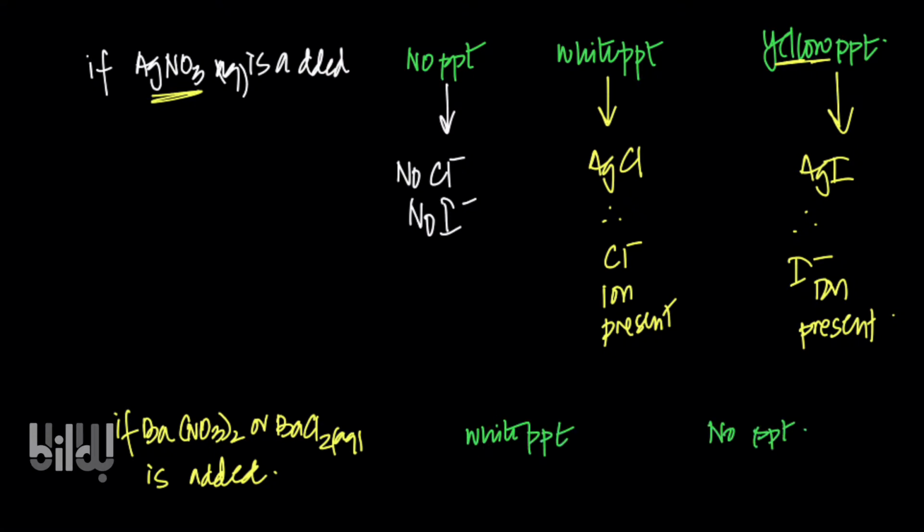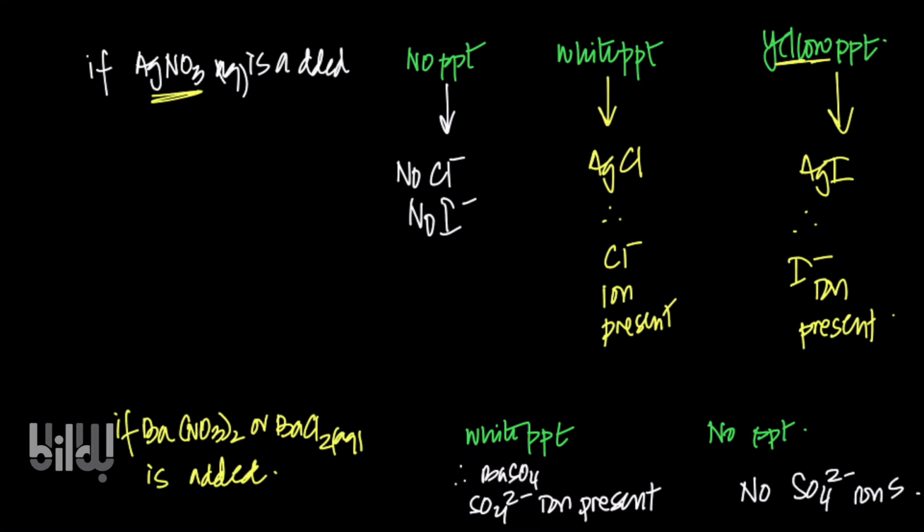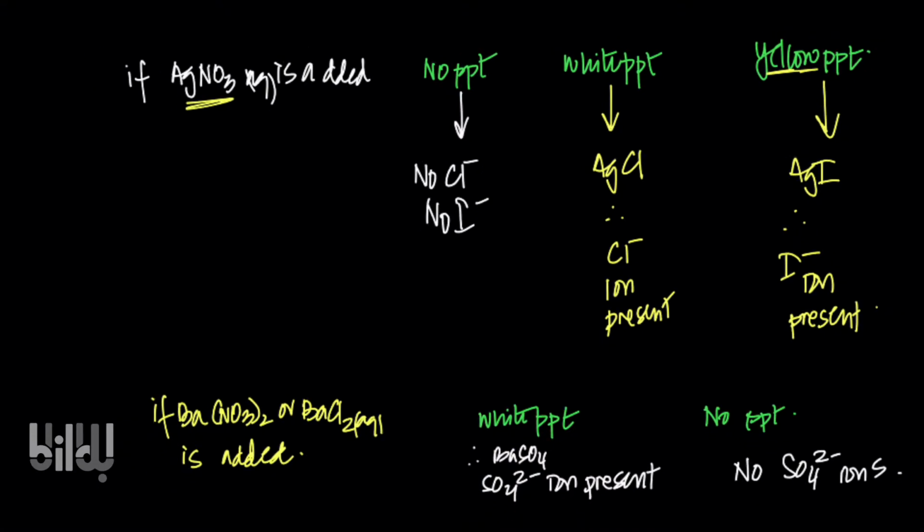That's it. The only 2 things happen: you get a white PPT or you get no PPT. If you get a white PPT, the white PPT is barium sulfate, therefore sulfate ions present. If you get no PPT, that means there are no sulfate ions. That's what it means. These are the precipitations.